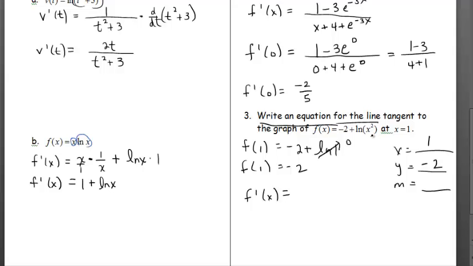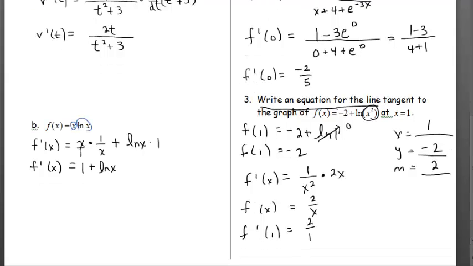So if I'm going to not pull the 2 in front and do a log property, I'm going to do just the derivative. It's going to be 1 over x squared times the derivative of x squared, which is 2x. The x's cancel, you're left with 2 over x. So let's evaluate that at 1. Oh, 2.